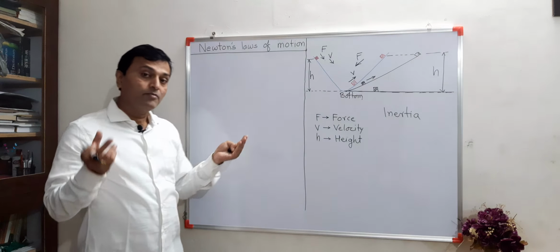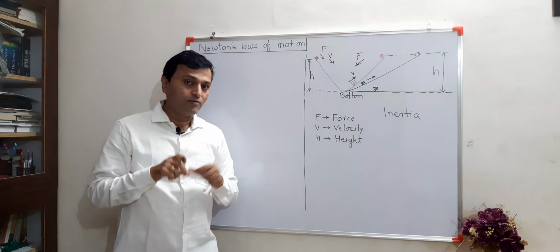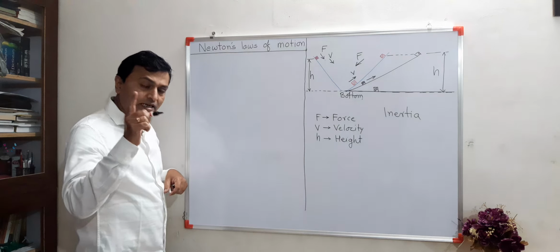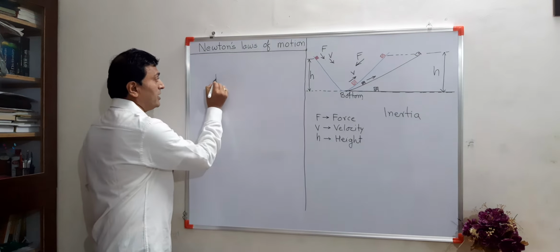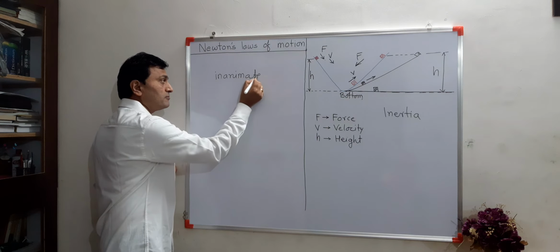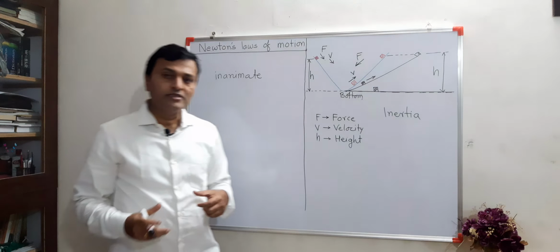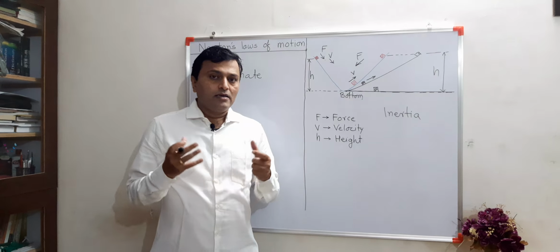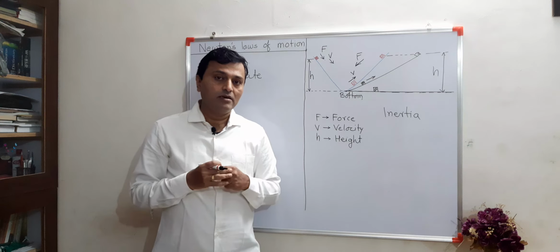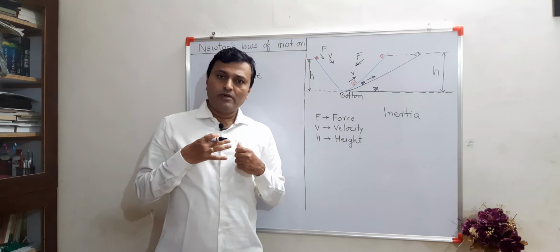But in Newton's form or format, what Newton said is: every inanimate body... What is meant by inanimate? It is derived from animation, means animal. I am also an animal, a human being.